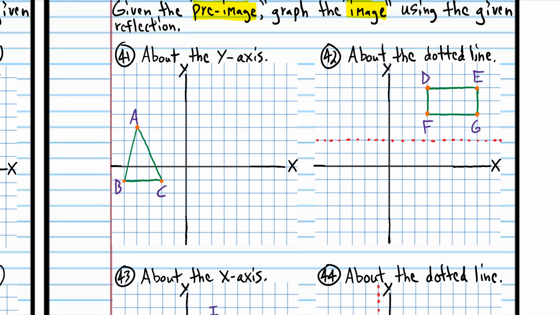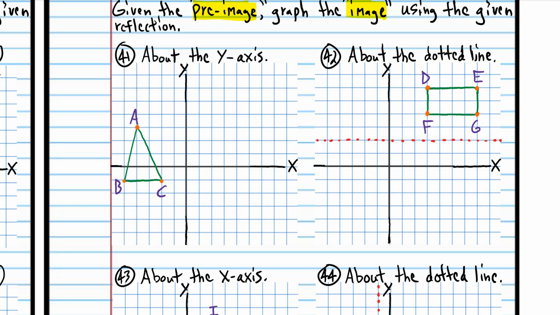It's very important to understand that whenever you do a reflection, the reflection has to be about some line. So with translations, you could just translate whatever the directions tell you to translate. But with a reflection, you need a reflection line, and it tells us to reflect about the y-axis.